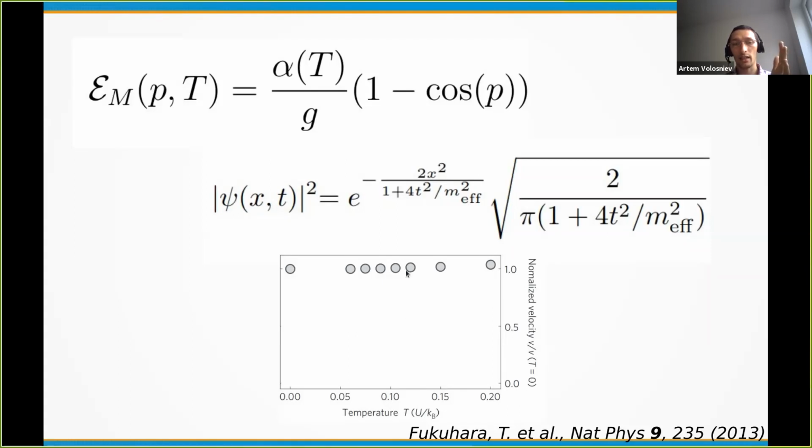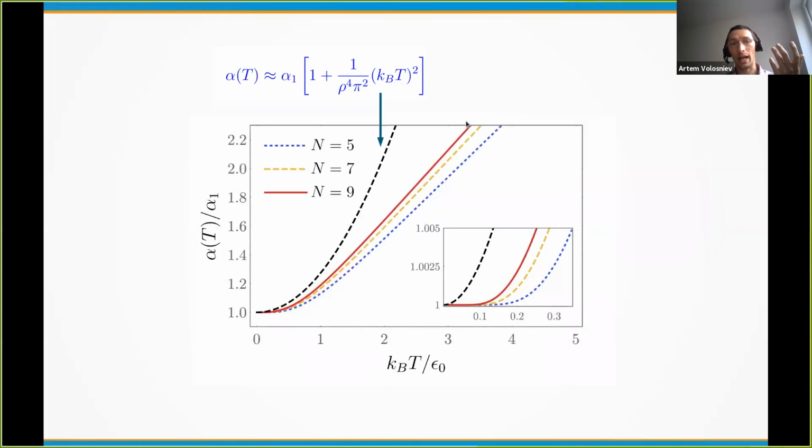They saw that it agrees very well with the zero temperature result. And then they did DMRG calculations, and they saw that the variation is very slow. And within our approach, you can understand that it's slow because it increases or decreases the mass as t squared, which is actually a pretty large prefactor. And that's why you don't see anything.